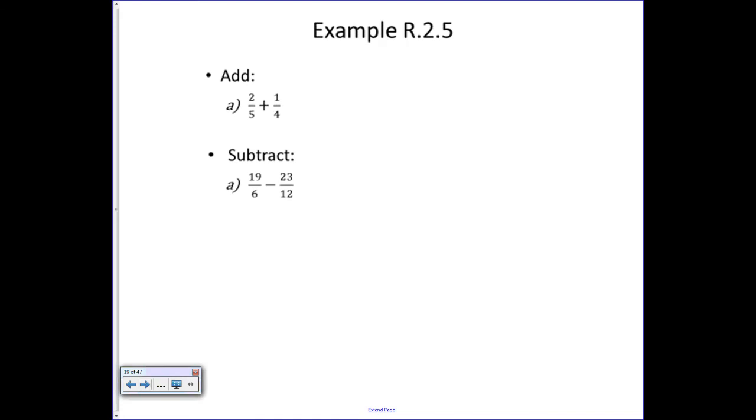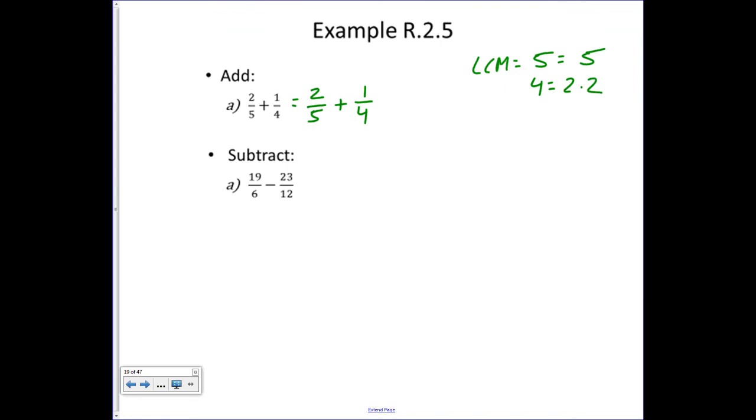So let's try this again, except now these fractions don't have the same denominator. We have 2/5 plus 1/4. We need to find the least common denominator, or the least common multiple, of 5 and 4. Well, 5 is just 5, it's prime. 4 is 2 times 2.